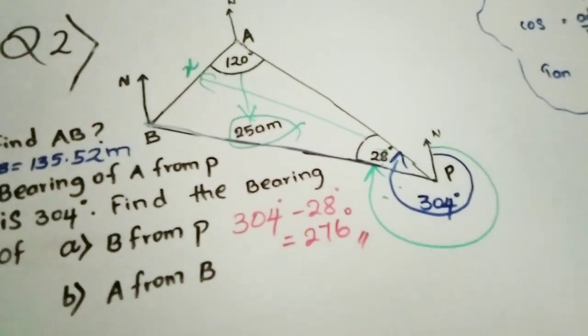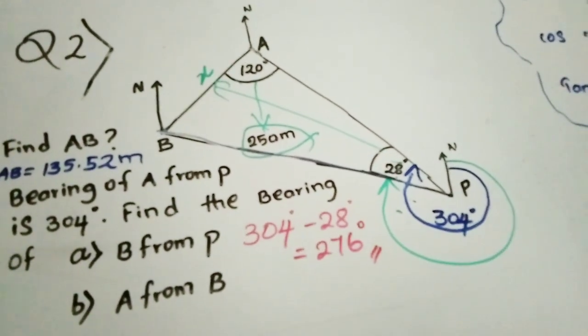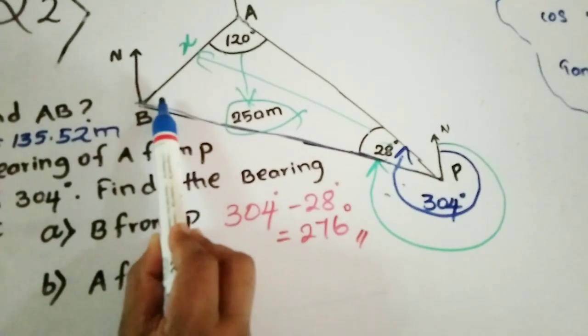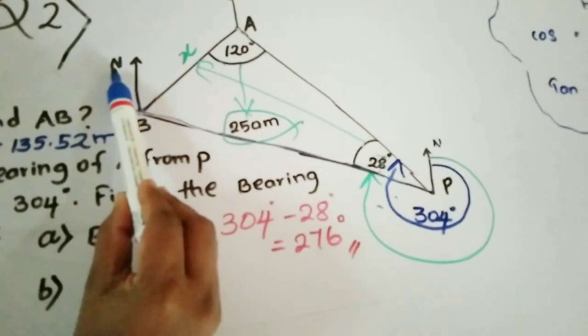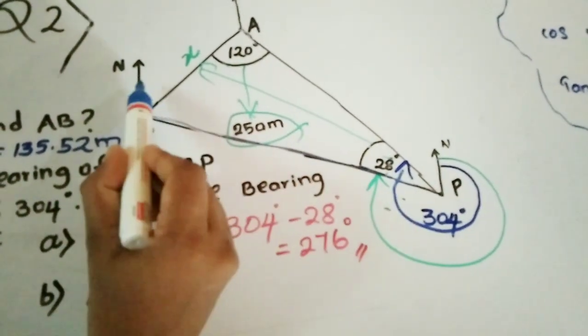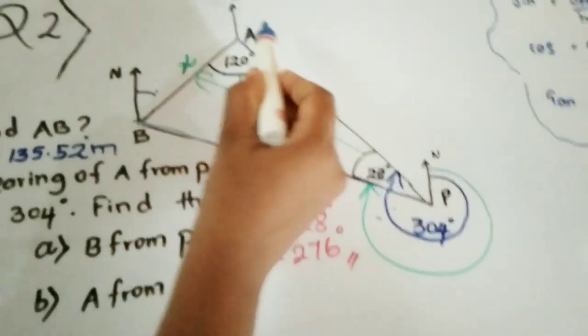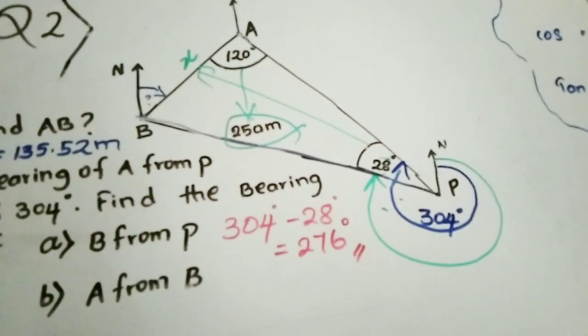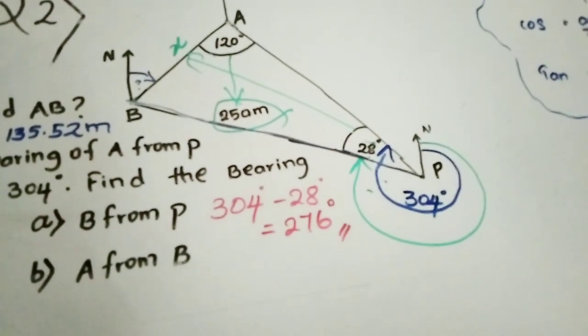Let's start the next part of the question. Find the bearing of A from B. North direction clockwise. This is the angle we are going to find.